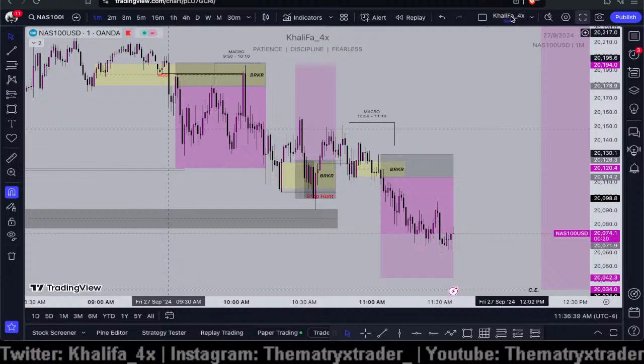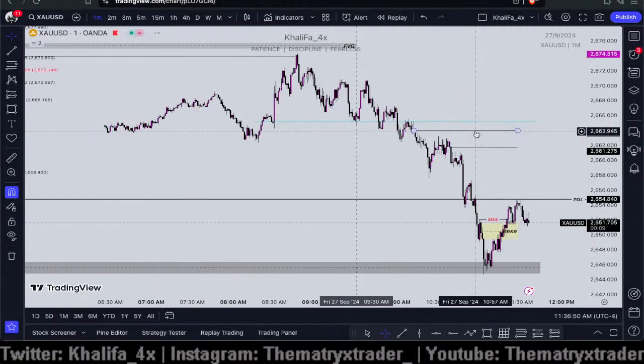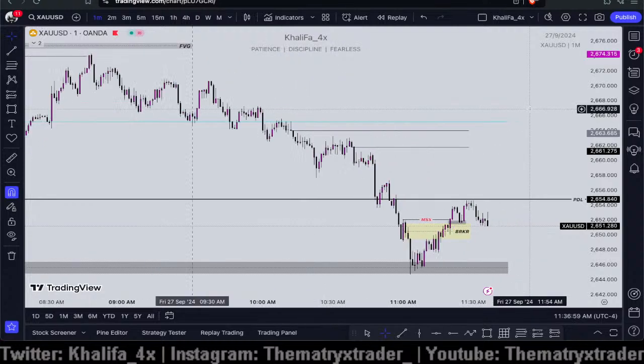Let's take a look at the gold as well. It's going to get into consolidation, folks. It has taken so much of a move. This lag is way too big.